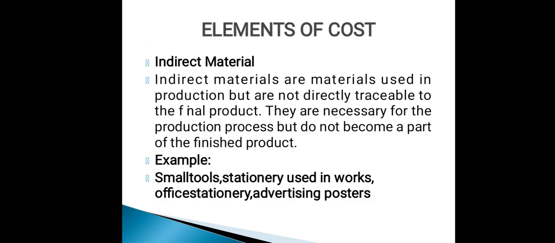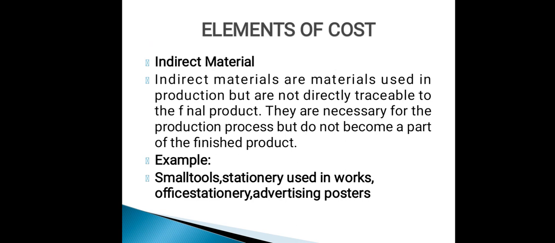Indirect material is material used in production, but not directly involved in the production. We are not able to trace what amount they spend for each production, but they are necessary for the production, though they do not become a part of the finished product.